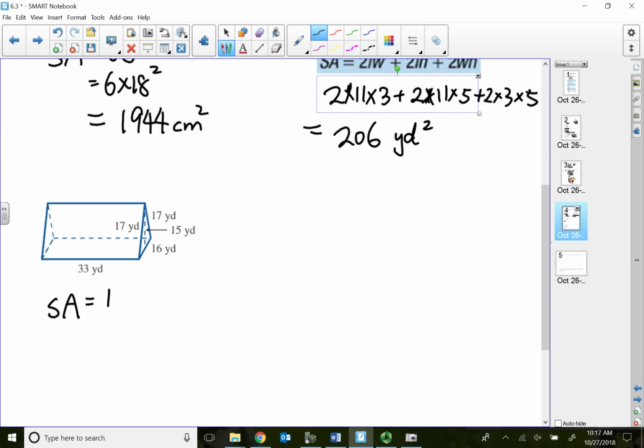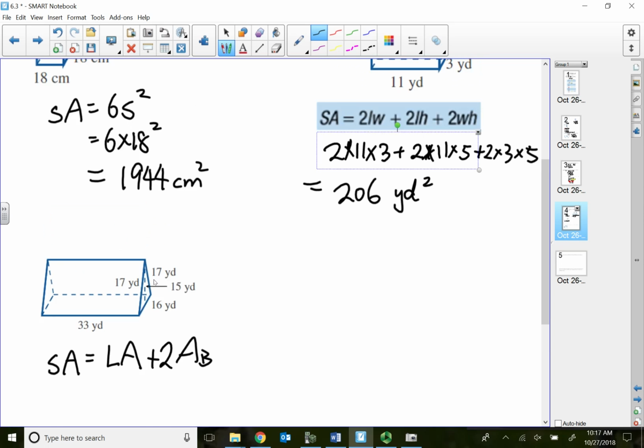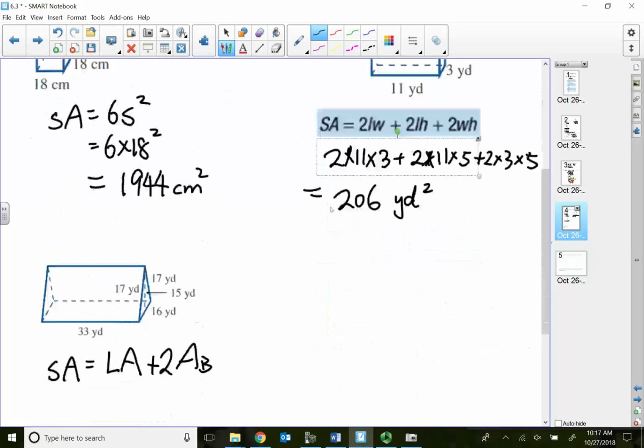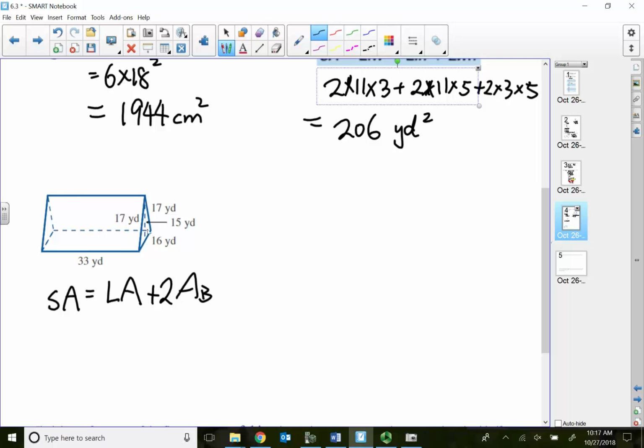I'm using a triangle for the base, and I got 2 of those, so that will be 2 times the area of the base. That's why earlier I was saying that the area of the base all depends on how many bases you have. Sometimes a shape has 2 bases, some only have 1.